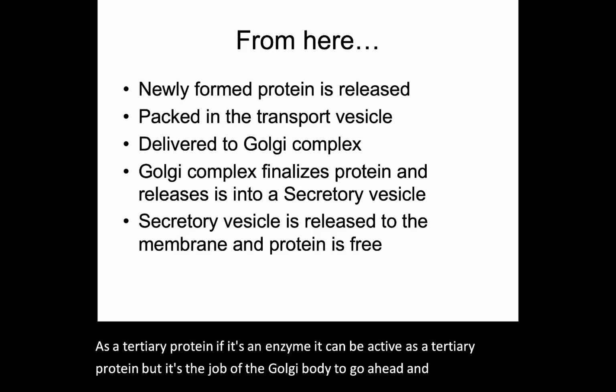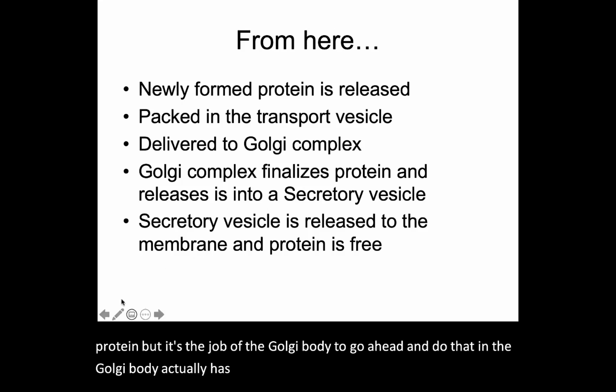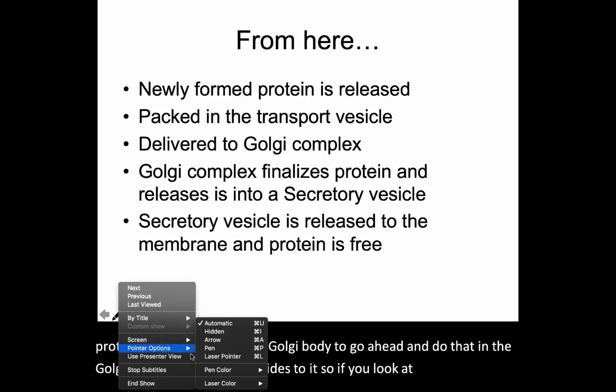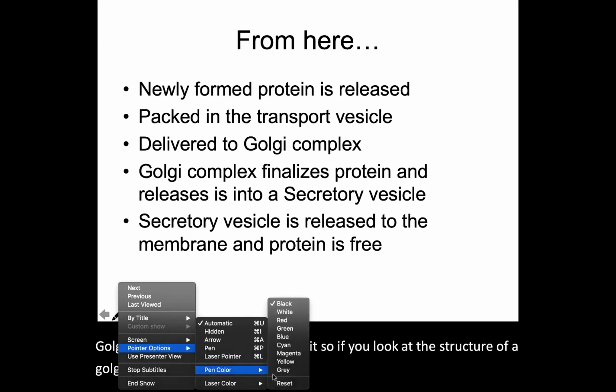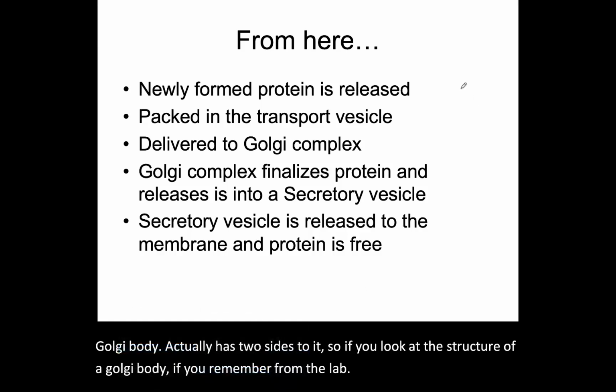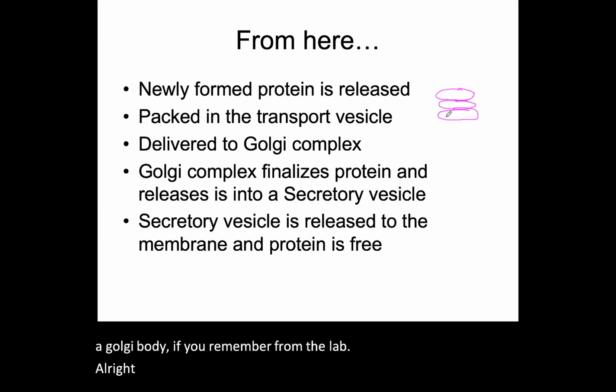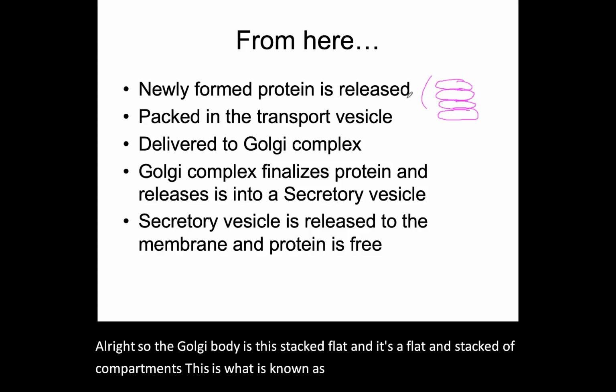And the Golgi body actually has two sides to it. So if you look at the structure of a Golgi body, if you remember from the lab, all right, the Golgi body is a flattened stack of compartments. Right? This is what is known as the Golgi body.